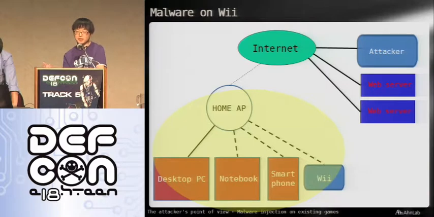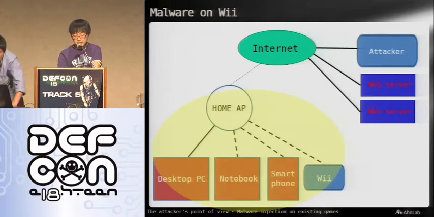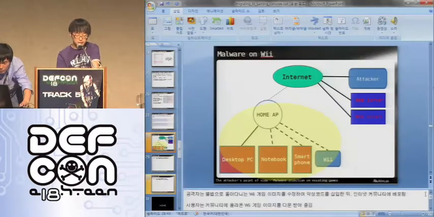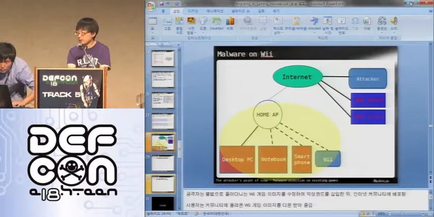The user could just download the game and burn it on a disk, and that would create the same effect. And that game, in fact, contains the malware. So all the attacks presented in the Nintendo DS section can be performed on the Wii, including some new ones which will be shown next.